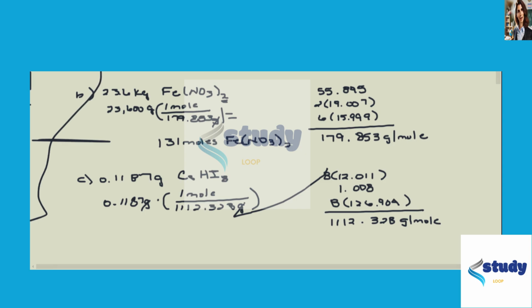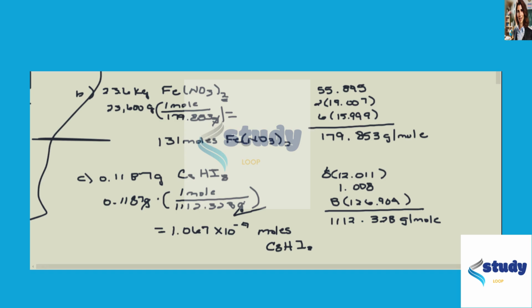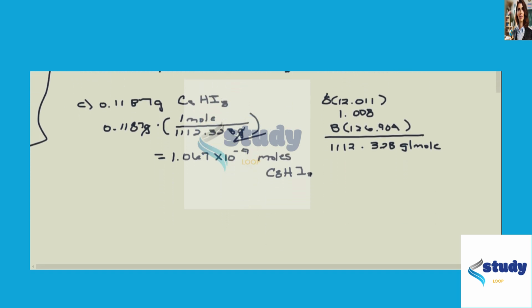I think my thing kind of clicked and got stuck. Sorry about that. That's 8. This is 4 significant digits, so our answer needs to be in 4: 1.067 times 10 to the negative 4 moles of C8H8I8.